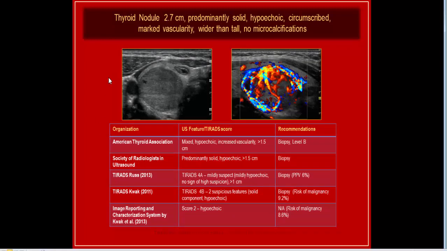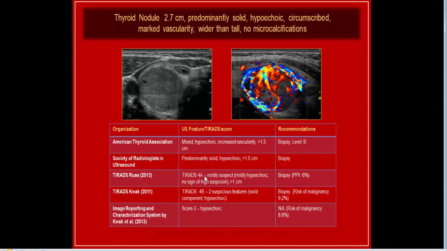Another example, thyroid nodule 2.7, predominantly solid, hypoechoic, circumscribed, marked vascularity, wider than tall, no microcalcification. American Thyroid Association: mixed hypoechoic, increased vascularity, more than 1.5, recommended biopsy. Society of Radiologists: predominantly solid hypoechoic, more than 1.5, biopsy.